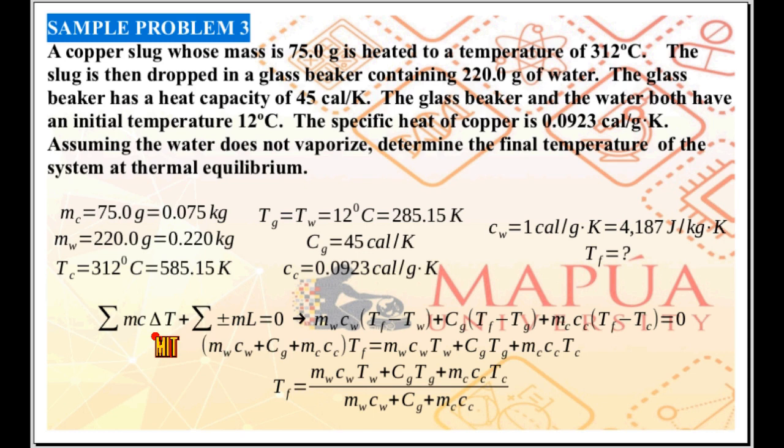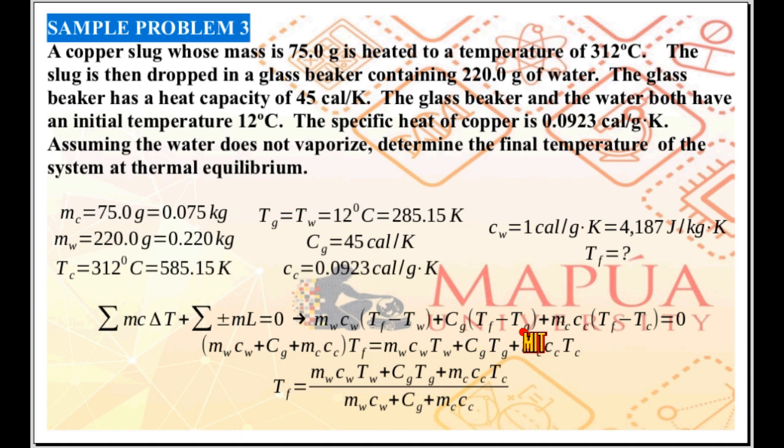So instead of mc delta T, we use the other equation for temperature change, the one that uses heat capacity instead of specific heat. And that is C delta T, heat capacity times delta T. So Cg delta T, Tf minus Tg, final temperature Tf minus initial temperature of the glass beaker.